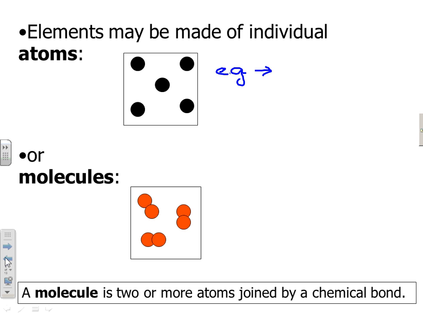Iron, Fe. Any of these metals that we use as metals exist as individual atoms. So you could have gold, Au. By the way, that's iron. And I'm going to just put here metals, etc.